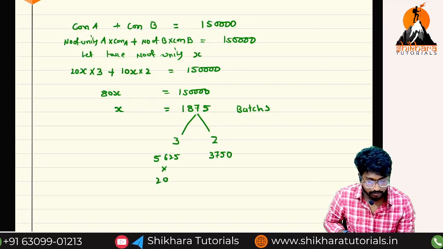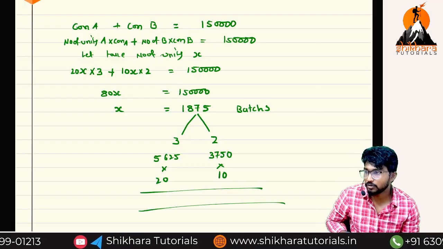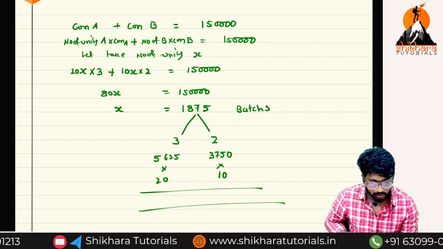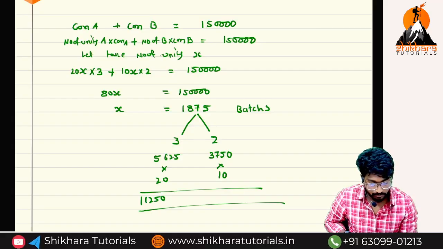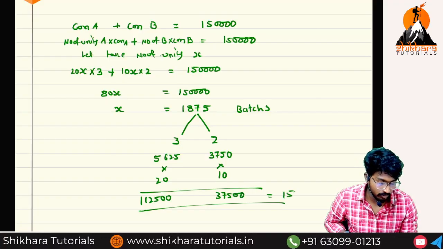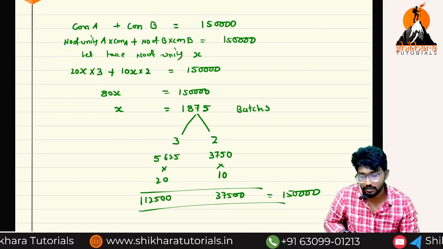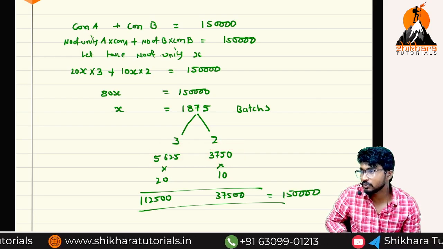Into 20, here it is into 10. Calculate the amount. 1,12,500 and 37,500. If you add these two, you will get the total amount of 1,50,000, and the total sales is in the same ratio, that is 3:2 ratio.